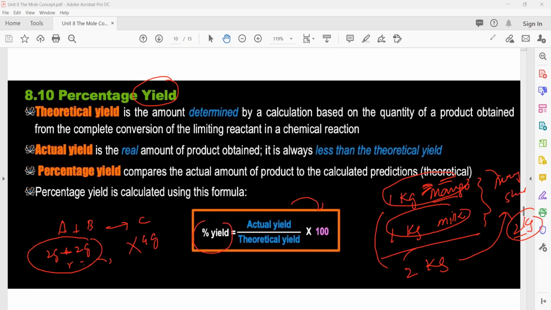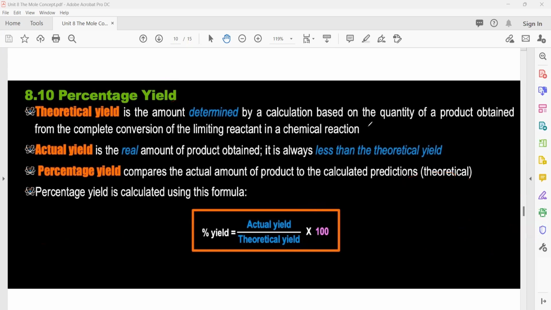So you use two terms: theoretical yield. Theoretical yield means you are doing something on paper. For example, I have sodium and chlorine. I will take 30 gram of sodium. I will take 20 gram of chlorine.